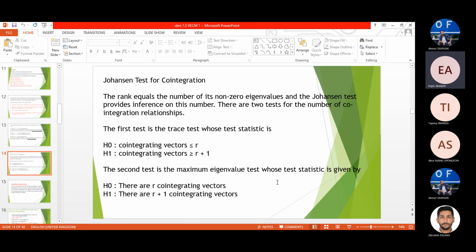The first test is the trace test, whose hypotheses are H0: the number of co-integrating vectors is less than or equal to R, against H1, the alternative: the number of co-integrating vectors is larger than R plus 1. The second test is the maximum eigenvalue test, whose hypotheses are H0: there are R co-integrating vectors, and H1: there are R plus 1 co-integrating vectors.